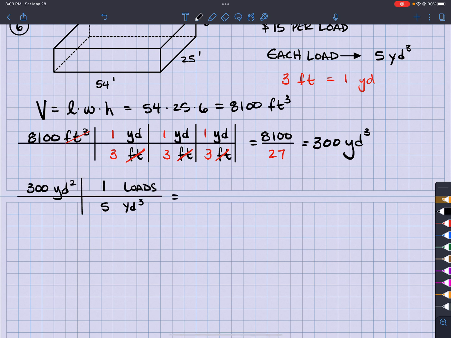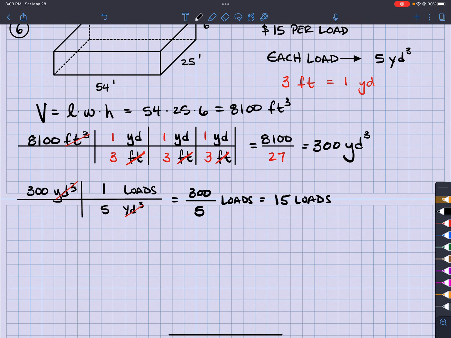So what that's going to do is that the yards cubed is going to go away, and I'm going to have 300 divided by 5 loads, which is going to be 60 loads.